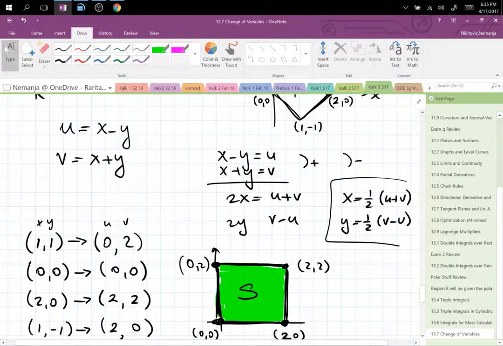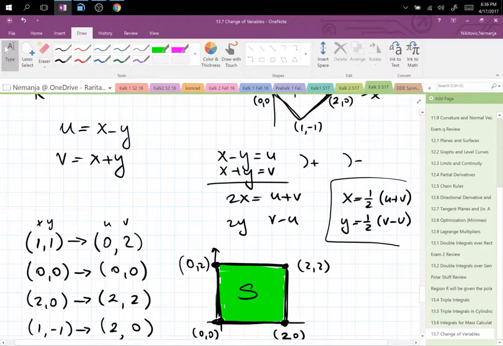System of equations. So the question is, how do we go from substitution, which is u and v in terms of x and y, to x and y in terms of u and v, because you must have this in order to do the Jacobian. Well, you solve the system. You see the system x minus y is u.